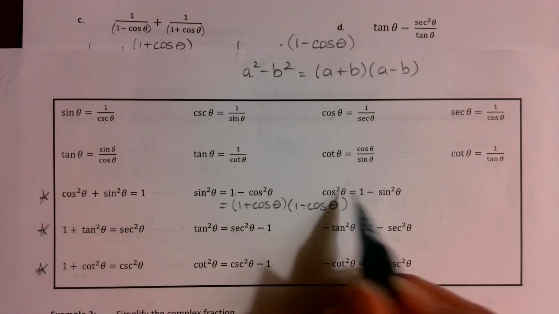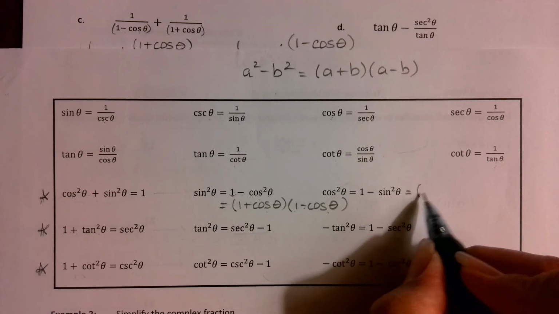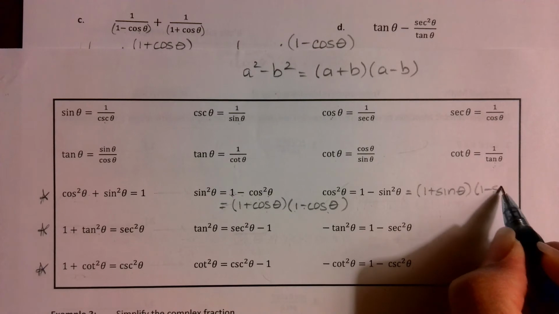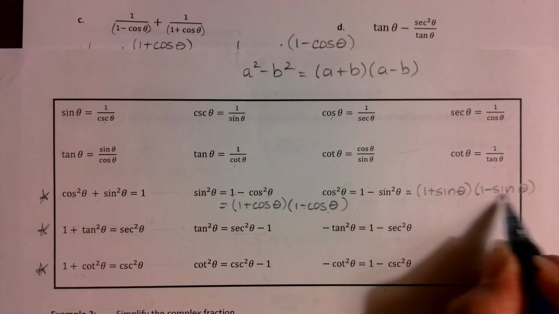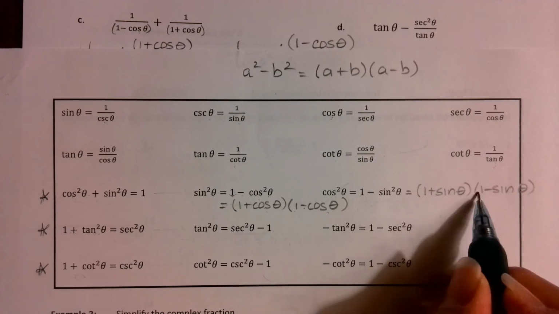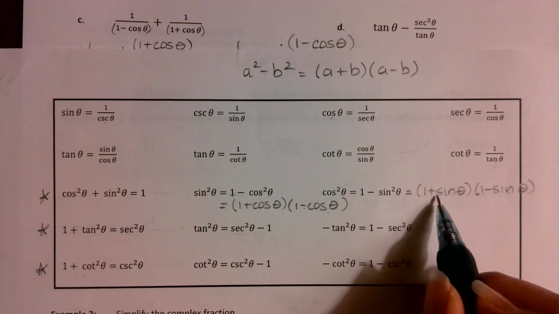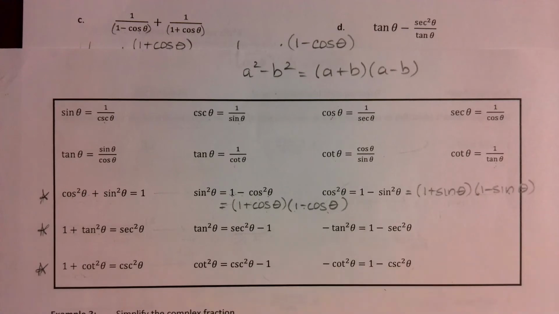Just like cosine squared theta would be the same as 1 plus sine theta times 1 minus sine theta. If we were to distribute this, for FOIL like you guys like to call it, you would end right back here.